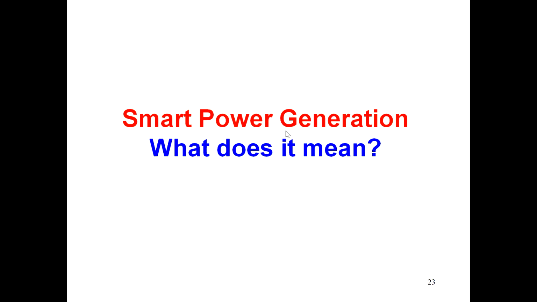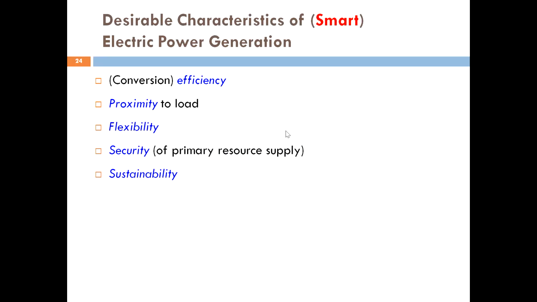Okay, so a question that we can ask is what does smart power generation really mean? What would we like to achieve, or what enhancements do we envisage for power generation? Again here, this is related to the shortcomings of bulk power generation.